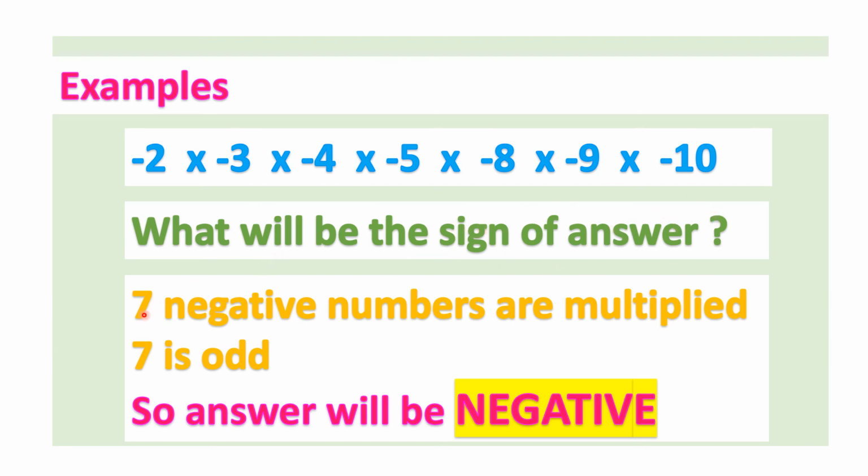There are 7 negative integers multiplied, right? Since 7 is odd, the answer is going to be negative. That means when we multiply all these numbers, we are going to get a negative integer as the answer.